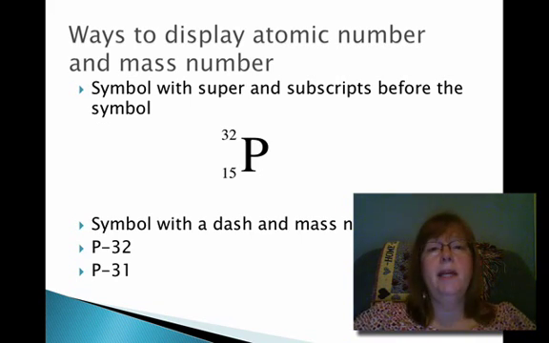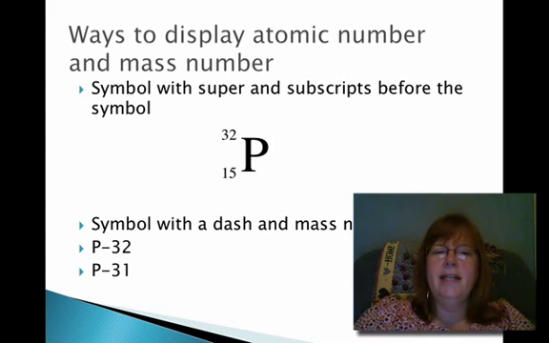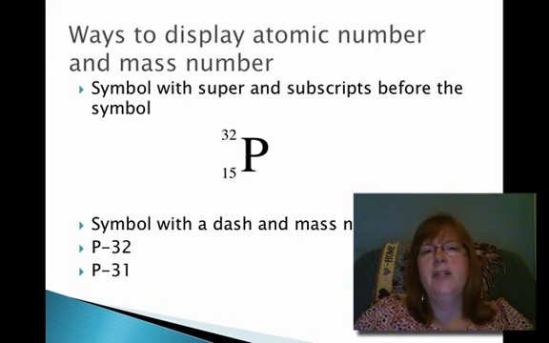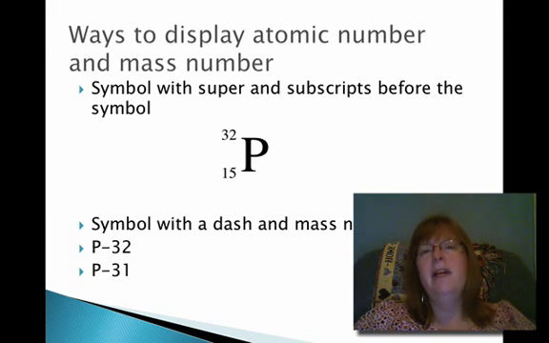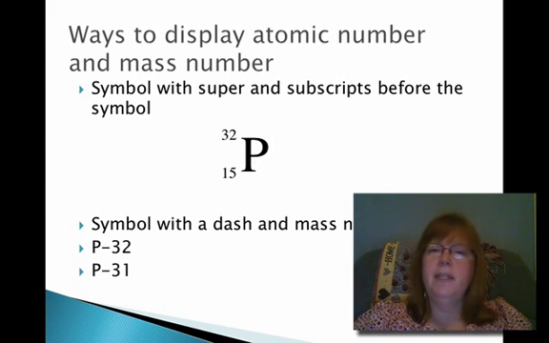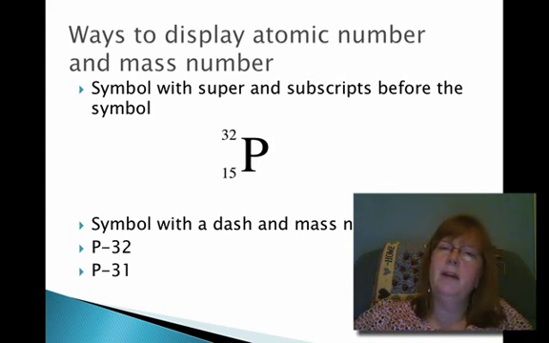That's one way that we can display the atomic number and the mass number. Another way is just to put the symbol and a dash with the mass number. Here we're not displaying the atomic number, but if it's phosphorus, all we have to do is go to the periodic table and find out that it's number 15. So these are 2 ways that we display our atomic number and our mass number.